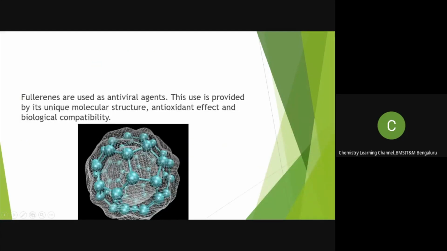Then fullerenes are used as antiviral agents, so they can protect from viruses. This use is provided by its unique molecular structure and biological compatibility.